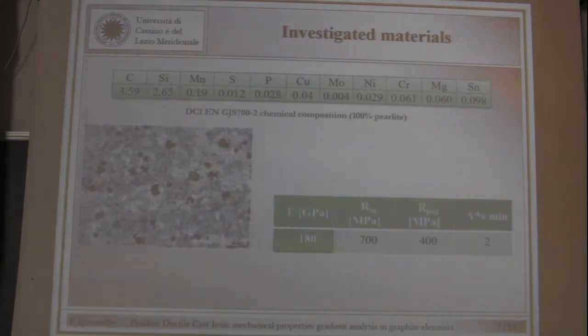So we used a fully pearlitic ductile cast iron in order to investigate the local properties of the graphite, because we think that the mechanical behavior of the graphite is not the same from the core to the outer zone, observing the different damages.